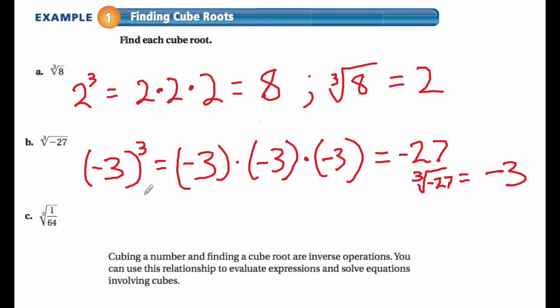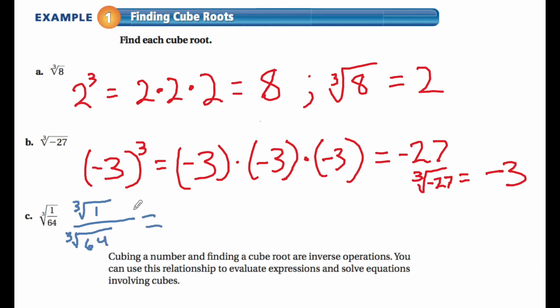And I'll change the color for our last one. We have the cube root of 1 over 64. So the cube root, we know that we can break this apart, the same property holds true, it'll be the cube root of 1 all over the cube root of 64.